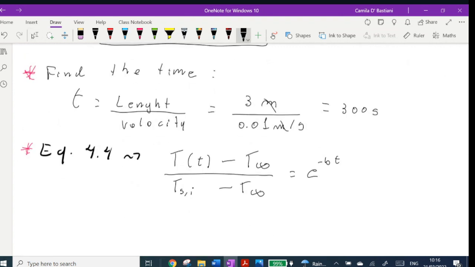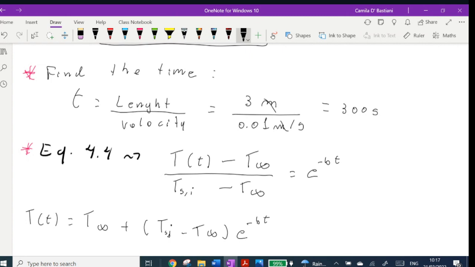So what I want to find is the temperature at the time t, my temperature at 300 seconds. That's going to be my temperature of the air plus temperature of the surface at my initial time minus temperature of the air multiplied by e to the minus B multiplied by my time.